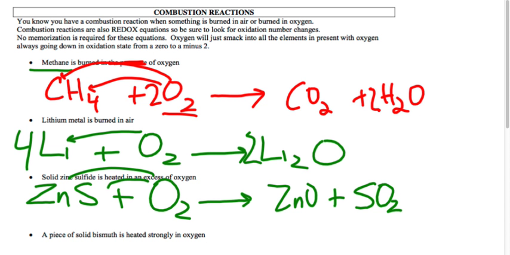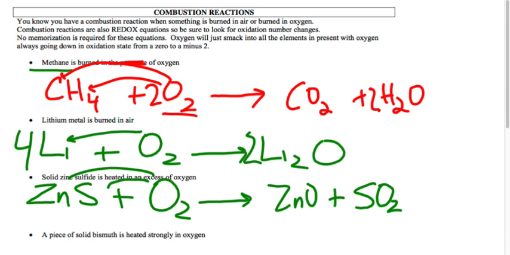Something has to go up. Sulfur is a -2, not zinc. It went up to a +4. So because that worked, the O2 would be the correct answer. We went in the right direction.